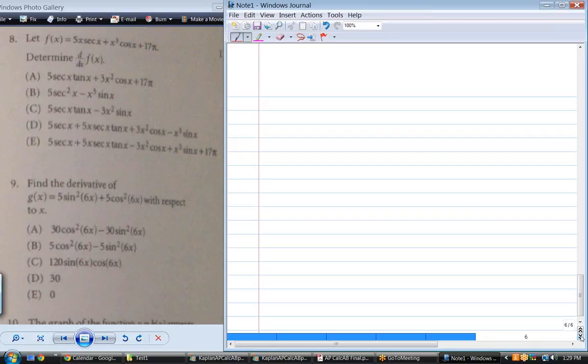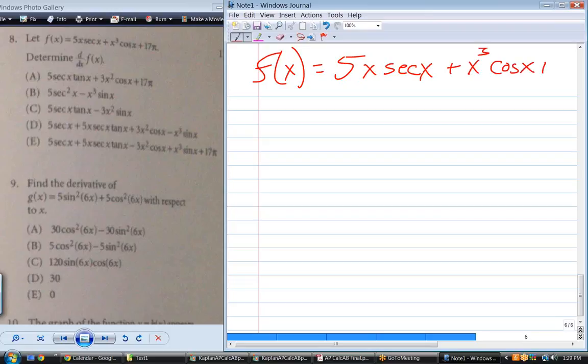So how am I going to take the derivative of this? Take a look at that function and which part's the easiest part to differentiate. 17 pi.